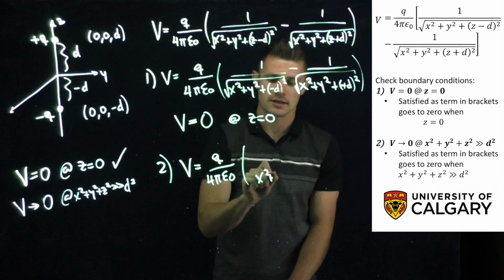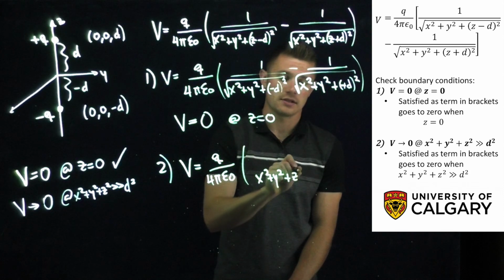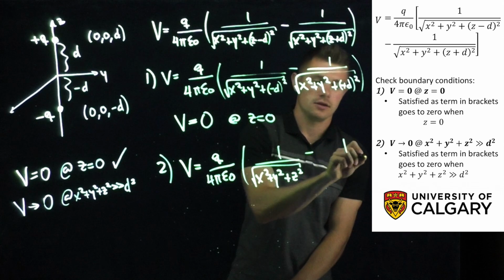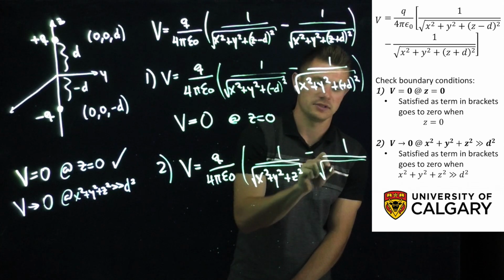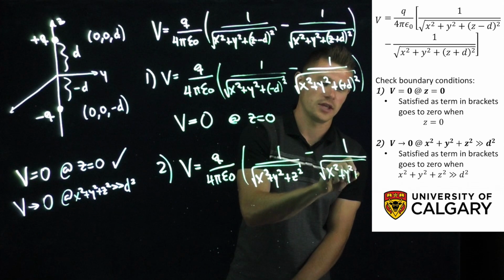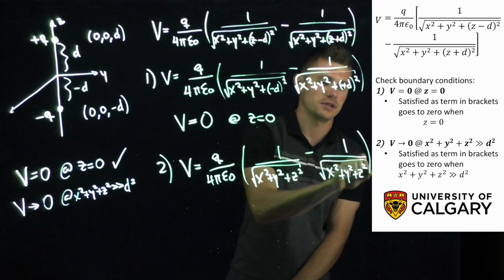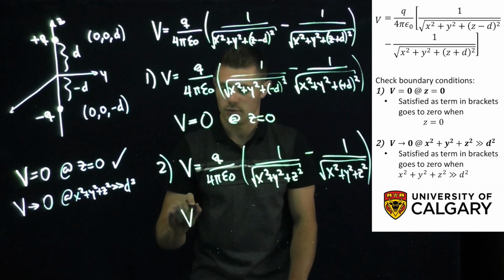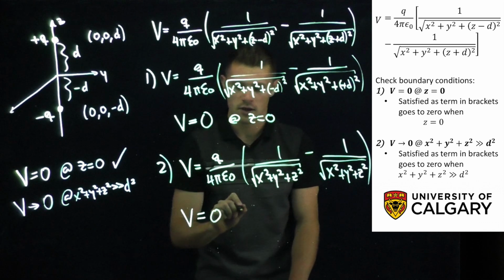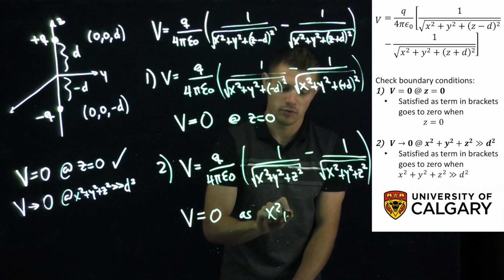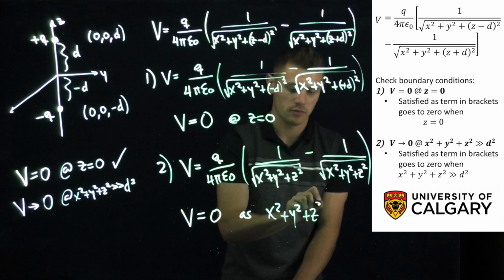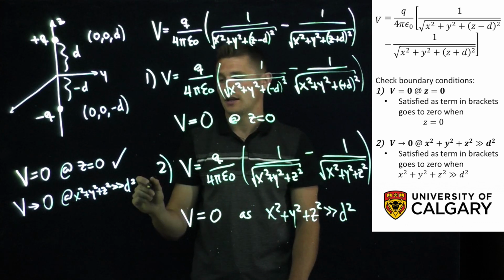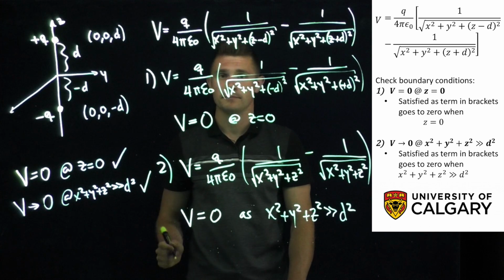So we end up with simply x squared plus y squared plus z squared on the bottom, and we can ignore the d because it's much, much less than x squared plus y squared plus z squared. And in this term, we get the same thing. So once again, we see that within the brackets, these two terms will cancel, and we end up with V equal to 0 as x squared plus y squared plus z squared becomes much, much greater than d squared. So this means that our second boundary condition is also satisfied.